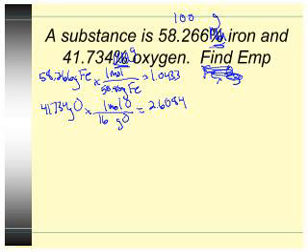So what I want to do now is I've got these both in moles, and I need to get them into whole numbers. So to get them into whole numbers, I'm going to divide them both by the smallest one. And the smallest number is 1.0433. And see what I get. So 1.0433 divided by 1.0433 is 1. That's no surprise to anyone.